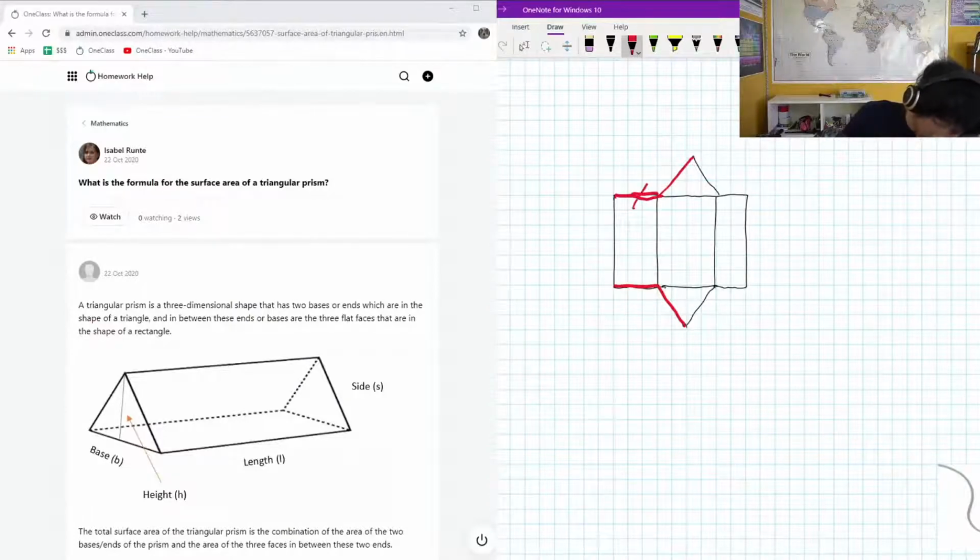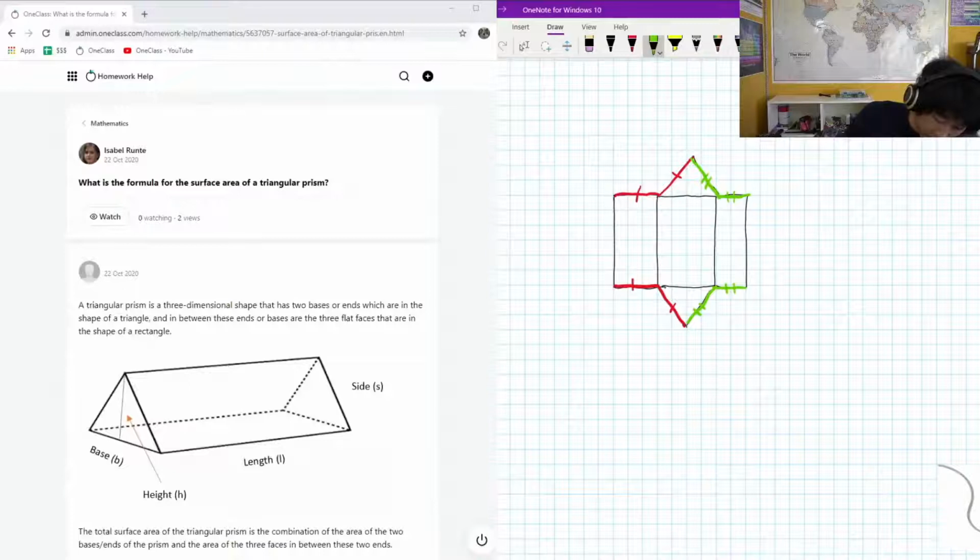Okay, so let's draw some straighter lines. Those will all be the same. And we're going to have the same thing on the other side, but in green. Okay.